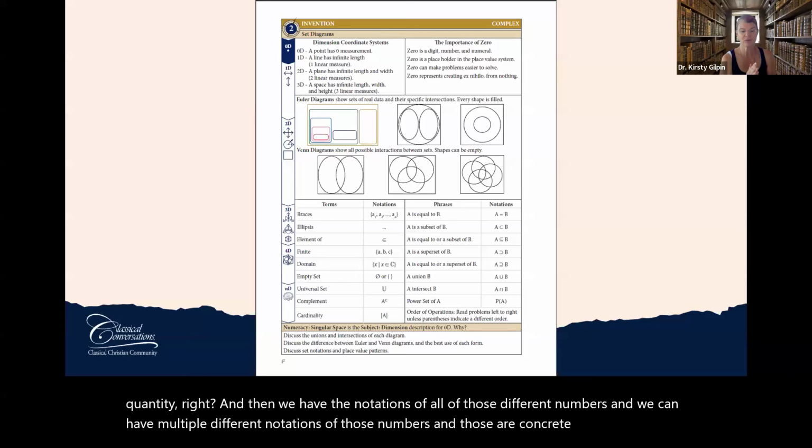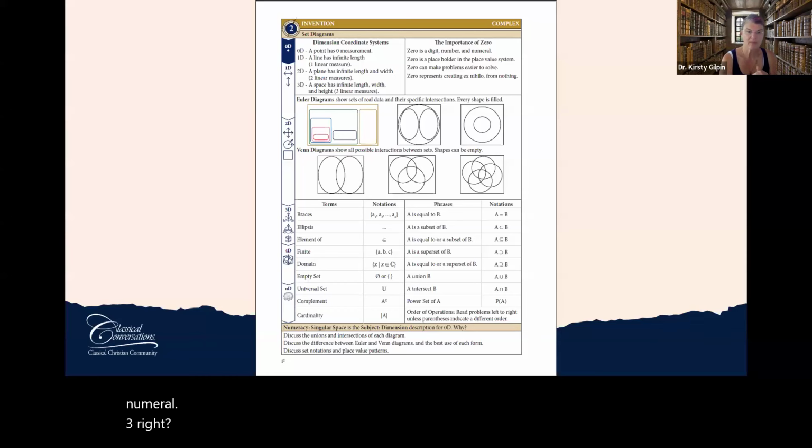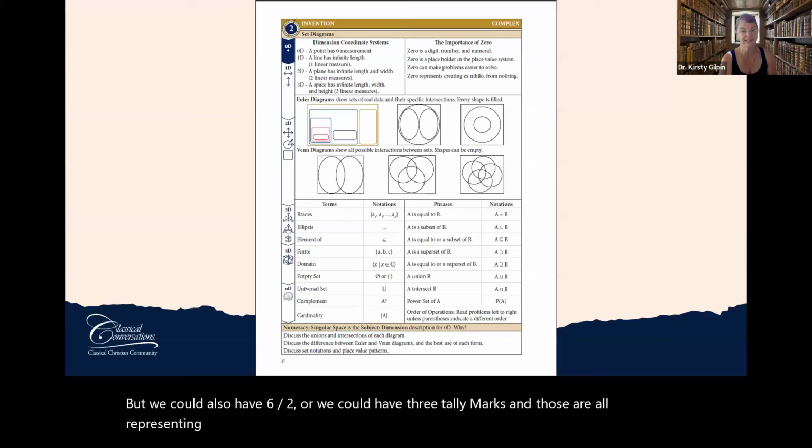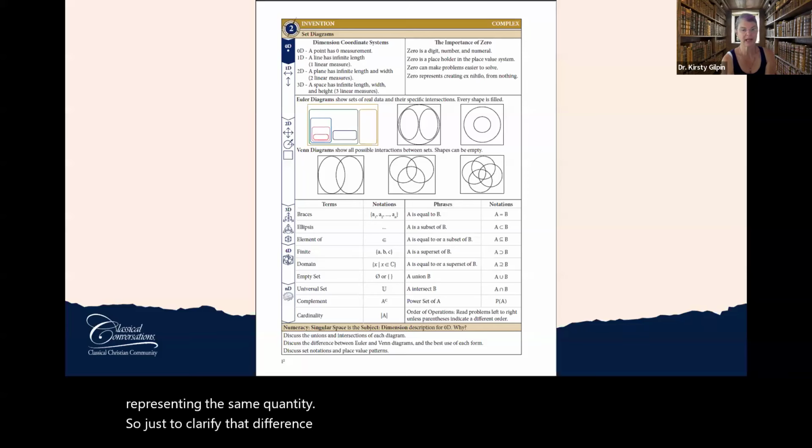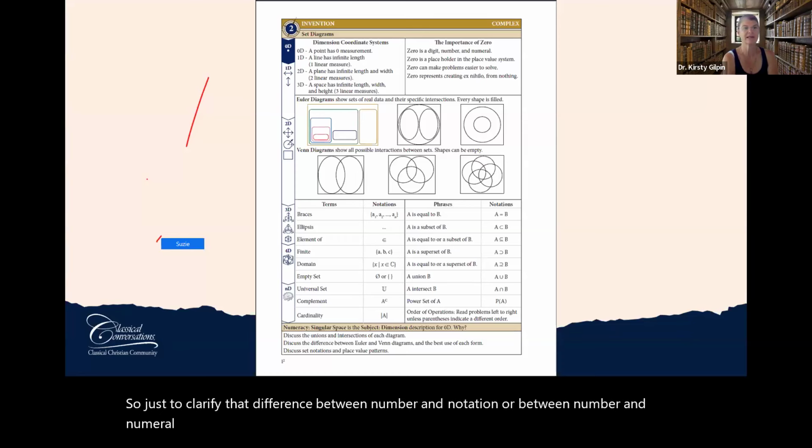So we have the numeral 3, right? But we could also have 6 divided by 2, or we could have 3 tally marks, and those are all representing the same quantity. So just to clarify that difference between number and numeral, does that make anybody else think of anything?